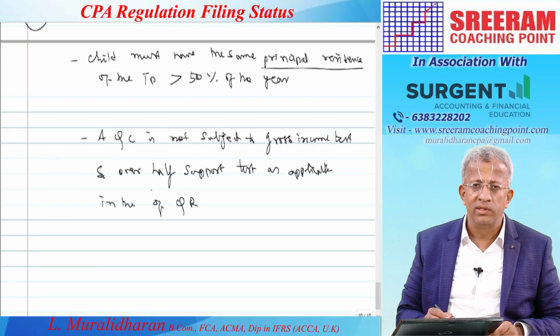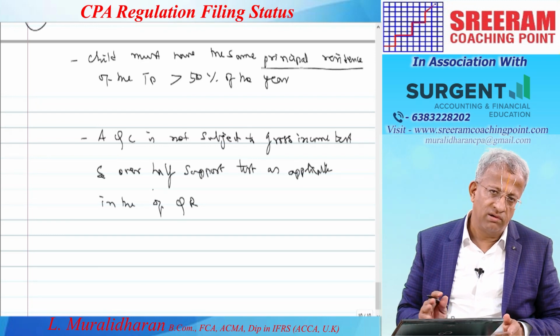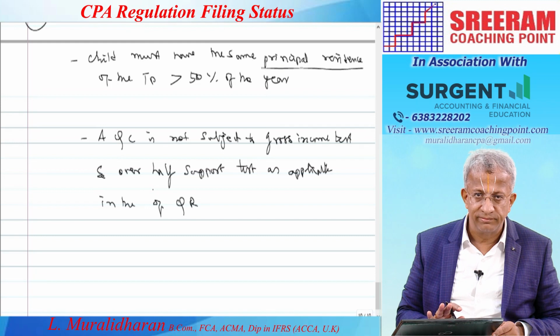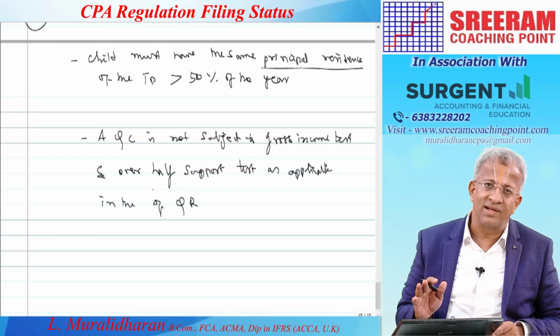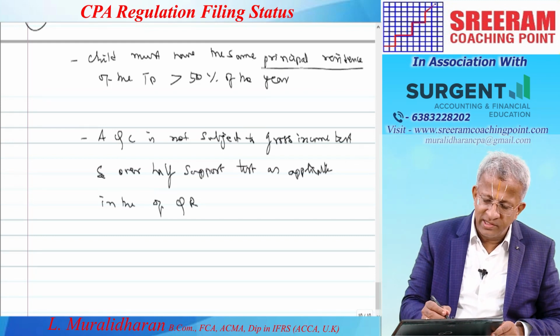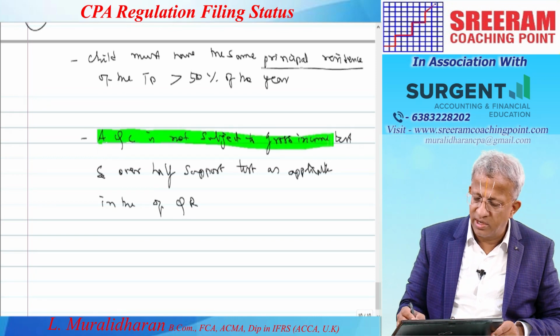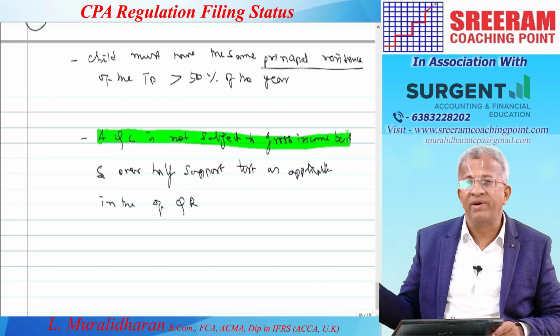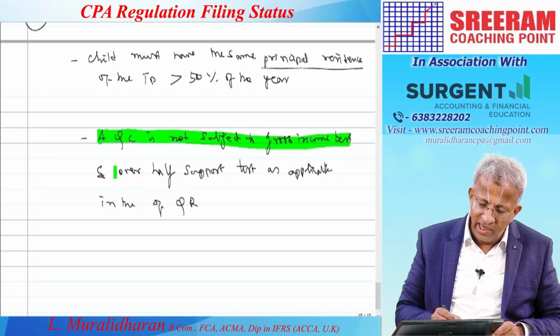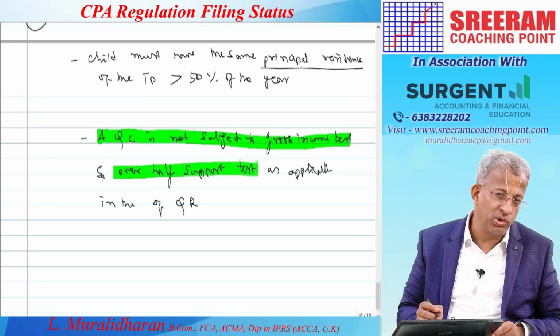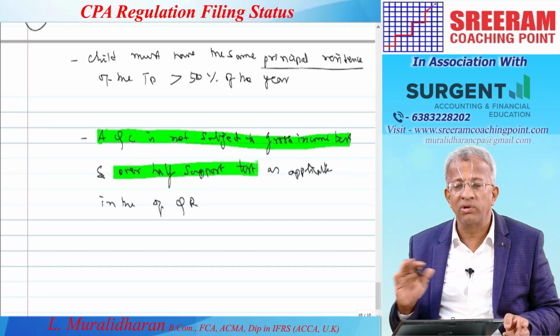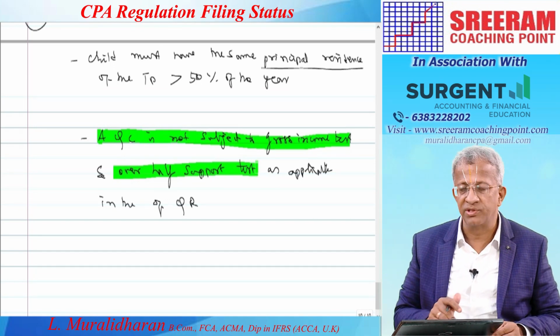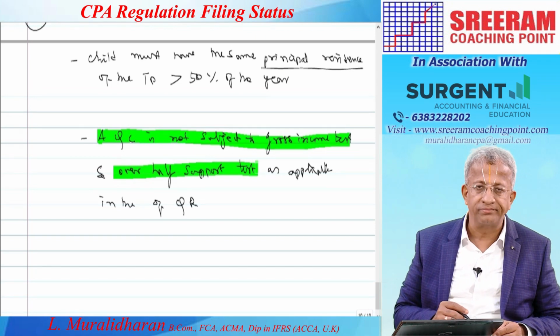So, therefore, a qualifying child can earn any amount of income. So, please just understand, a qualifying child is not subject to the gross income test that a qualified relative will be having, and the more than half the support concept you do not have in the case of qualifying child. So, now let us just repeat.